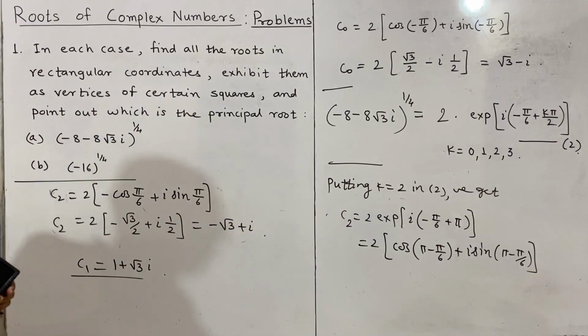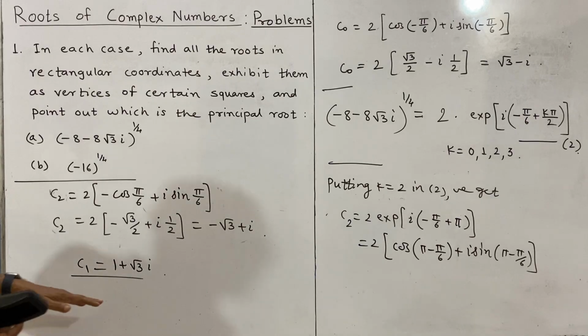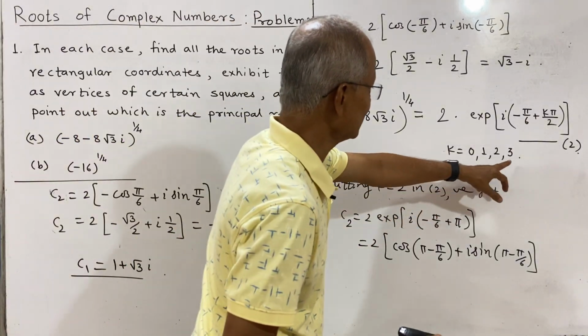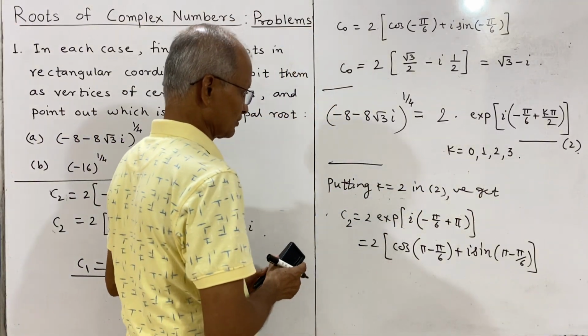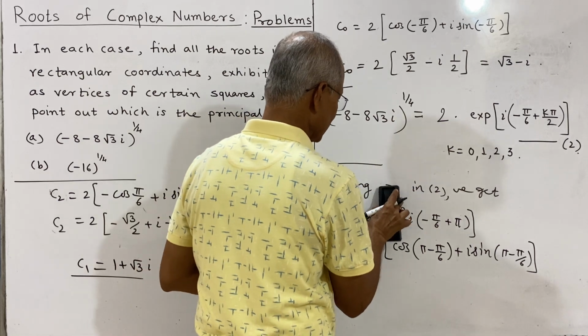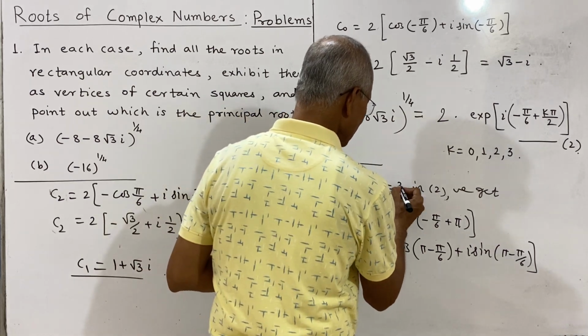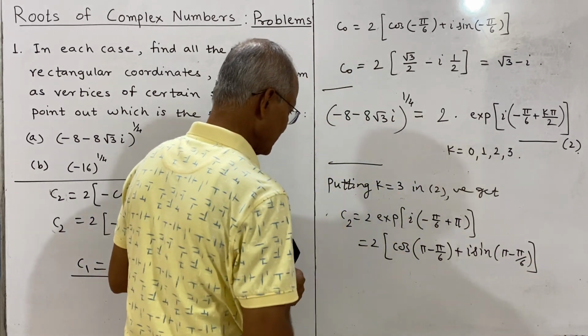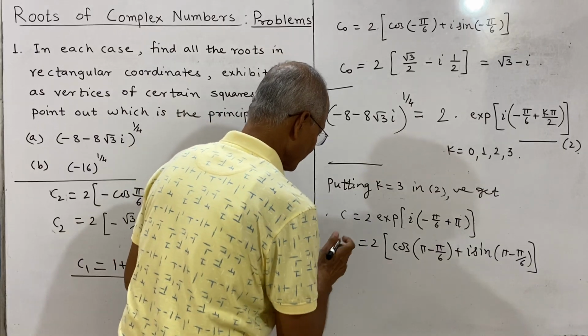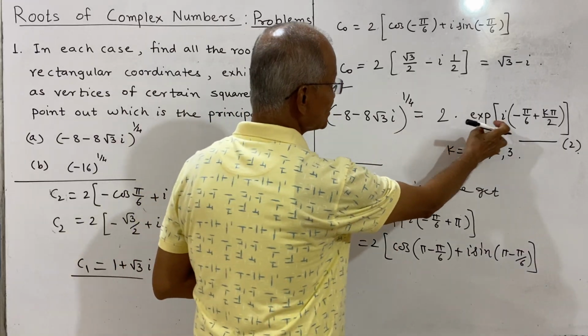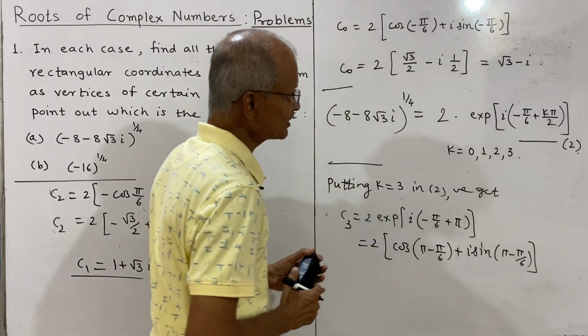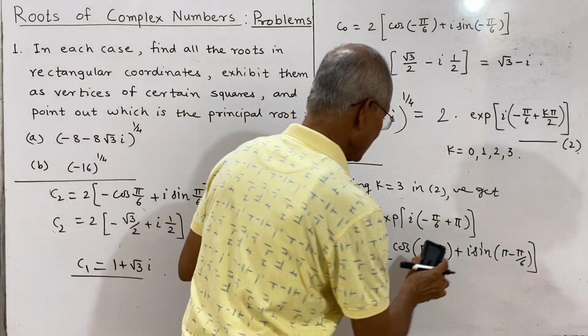This is C2. Now what remains is the last root, that is C3, corresponding to k is equal to 3. So put k is equal to 3. Put k is equal to 3 in the formula, we get C3 is equal to twice exponential I into minus pi by 6 plus 3 pi by 2.